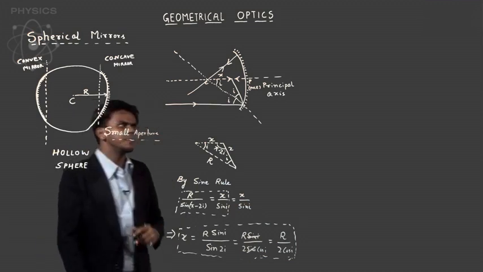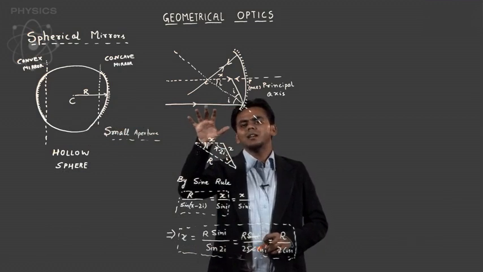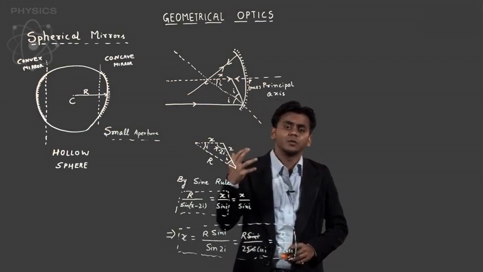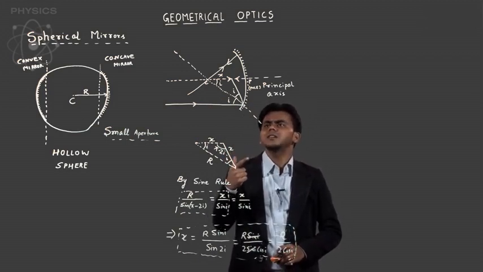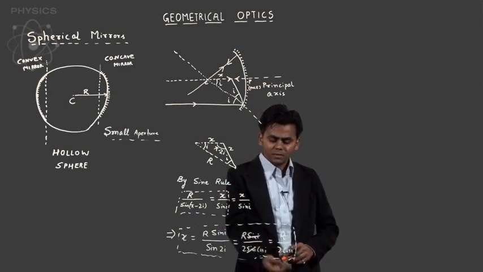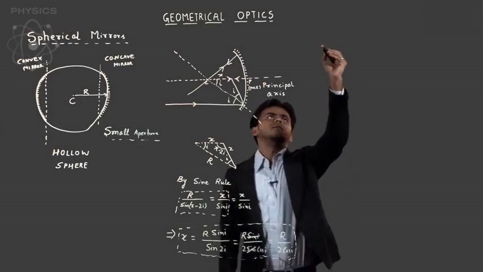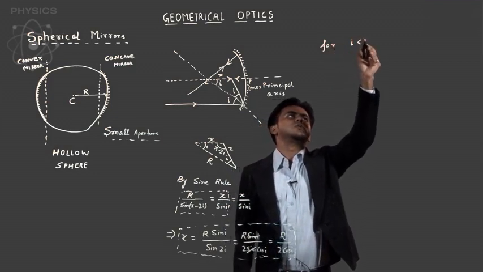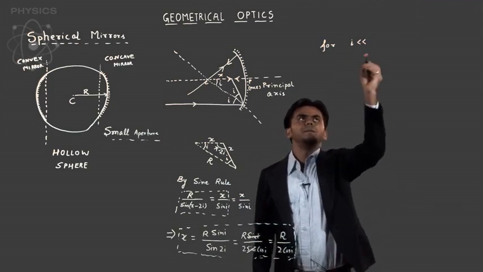When I say small aperture, all the angles which the parallel rays would make would be of a very small value, not a large value. If the angles are of a small value, cos I is almost equal to 1, because I is much less than 1, which denotes that the angle is very small.